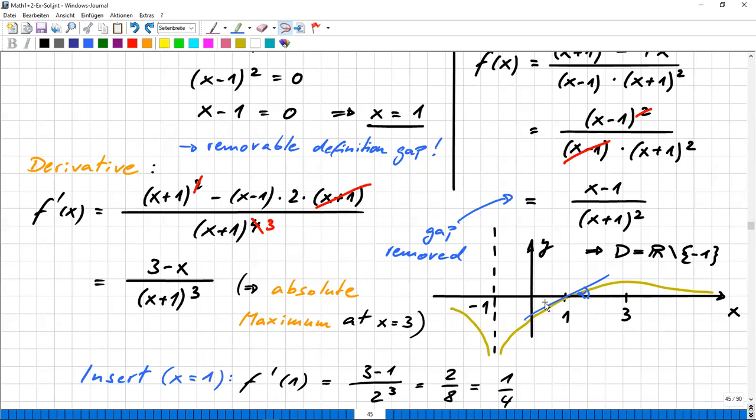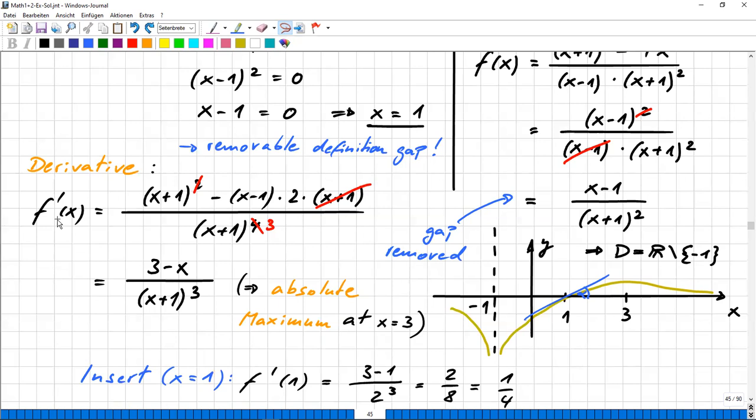Anyway, after removing the gap, we can say that the domain now equals the real numbers without -1. This is the only remaining gap. Now look, had I used this expression from the start, it would have been much easier to find the 0, of course, but at the latest at this point, it's a good idea to use this expression instead of the original one in order to find the first derivative.